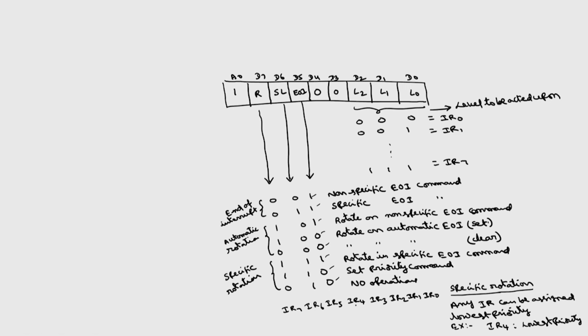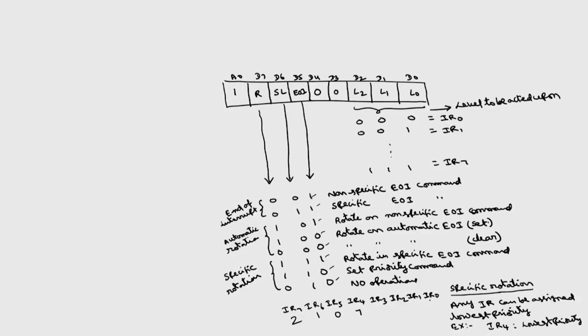So if IR 4 is lowest priority, the lowest priority will be represented by 7, 0 is highest priority. Then automatically the next one, IR 5, will have highest priority 0, 1, 2, then 3, 4, 5, 6. These are the priority levels in case of specific rotation.